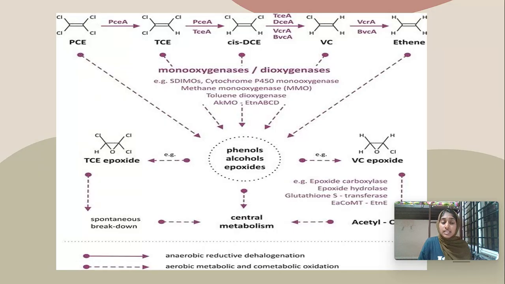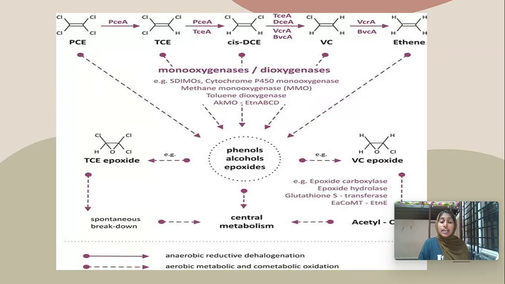This epoxide is a highly reactive and toxic substance. So its formation will cause the destruction of microorganisms or bacteria, and also the accumulation of toxic substance in the environment.